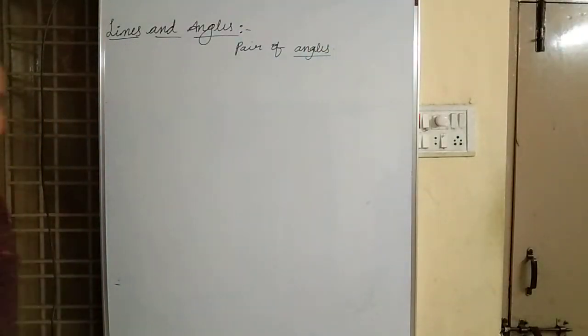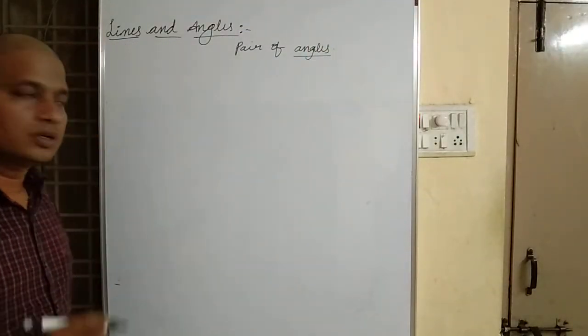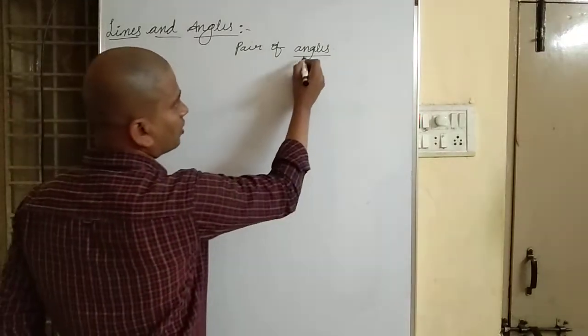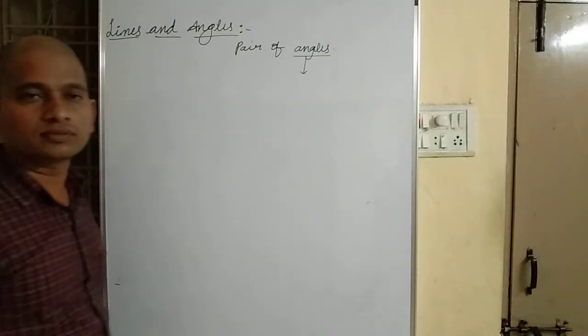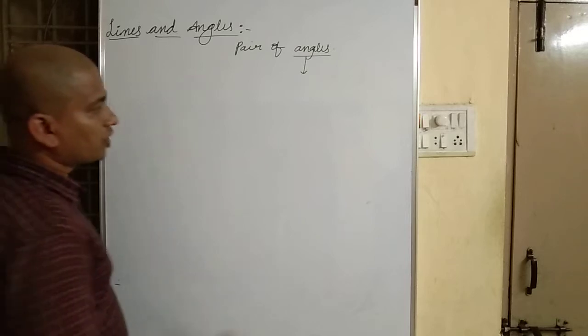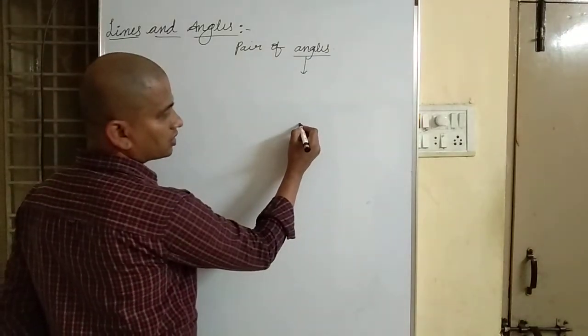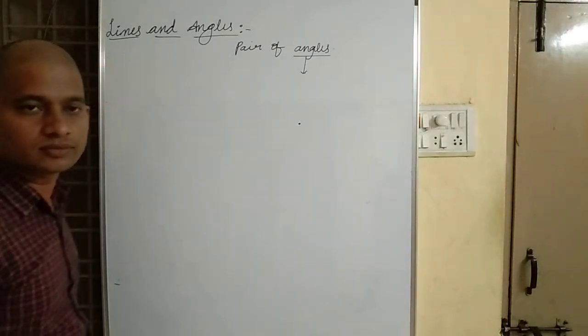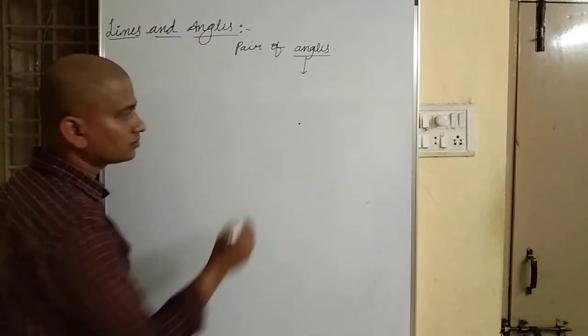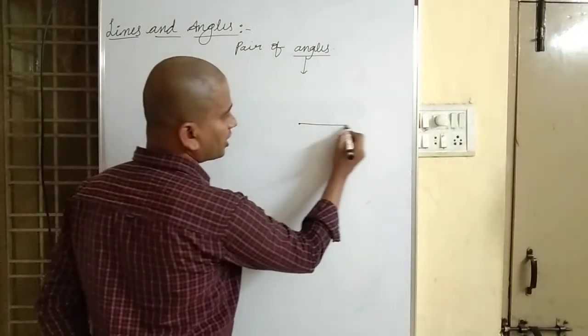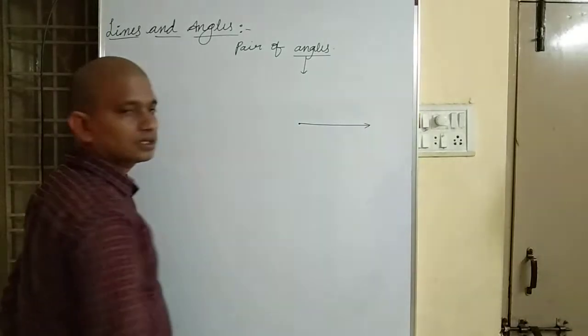What do you mean by angle? See, coming to angle, this is a point. And what is this? This is a ray.